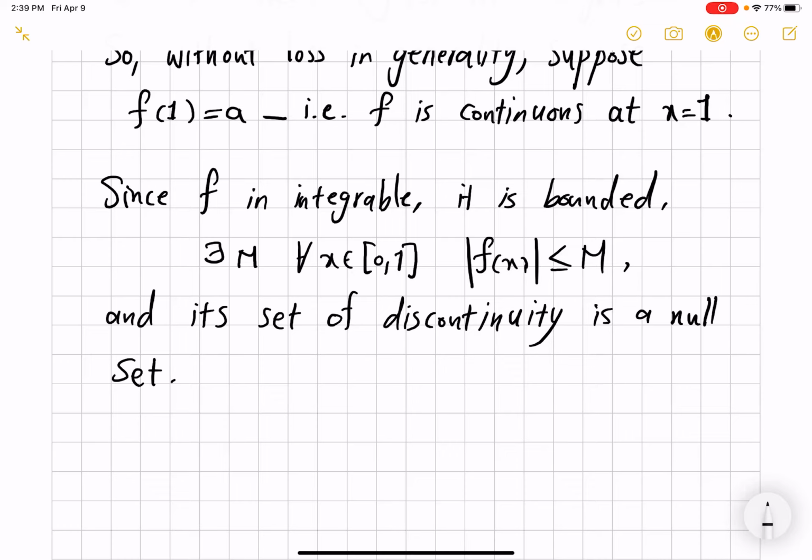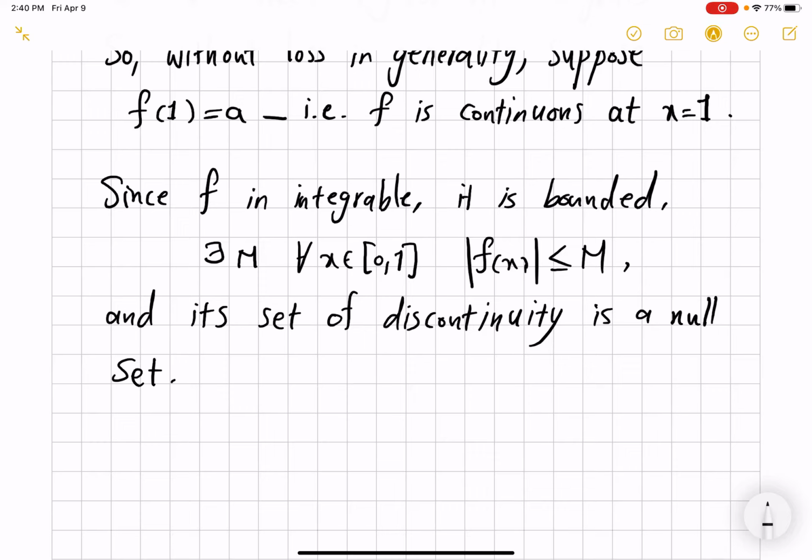So we know from the Lebesgue-Riemann theorem that a function is integrable if and only if it is bounded and its set of discontinuities is a null set. Therefore, we can apply that. The claim I just made is a consequence of that theorem.